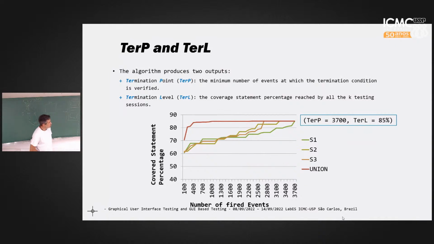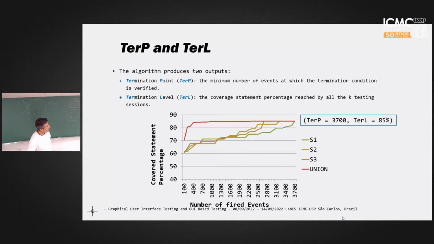We have two definitions here. The algorithm produces two outputs. One is the termination point, that is the minimum number of events at which the termination condition is verified. Here the termination point is 3,700, right? And the termination level is the coverage statement percentage reached by all the K testing sessions.